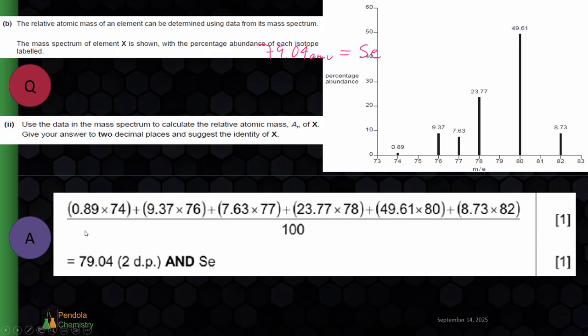Even if you got the wrong answer and the wrong element because you didn't divide by 100, or you messed up your calculation on the calculator, you will still get at least 1 point if you set this up correctly. Or let's say you find the right answer, 79.04, but you choose the wrong element. You will still get the point for your work.